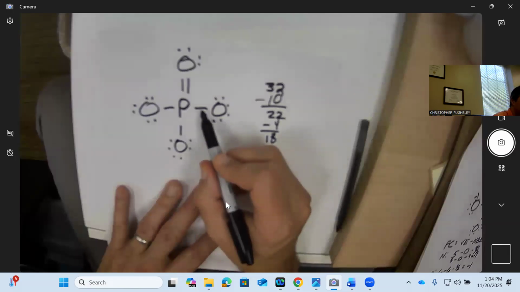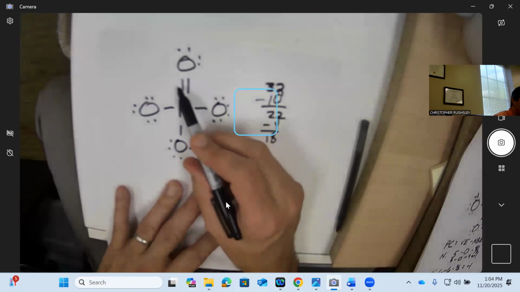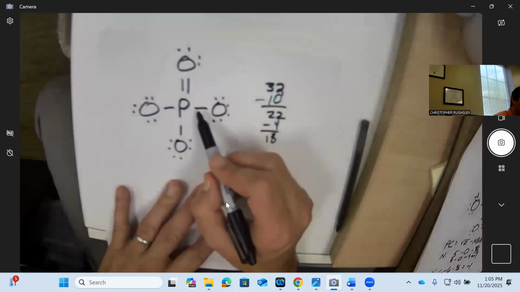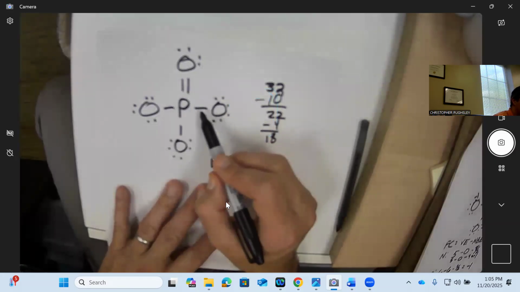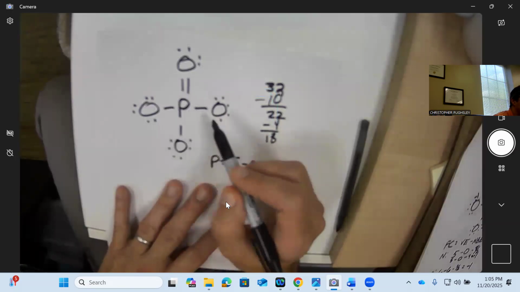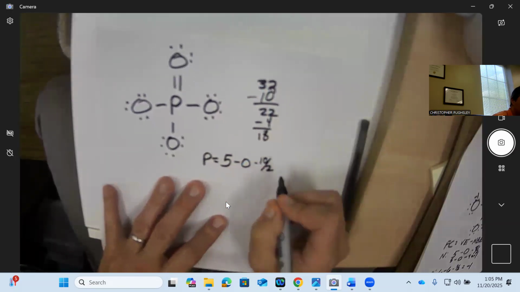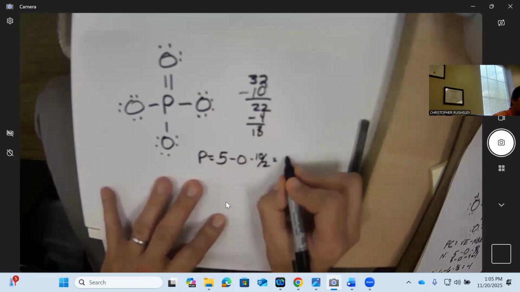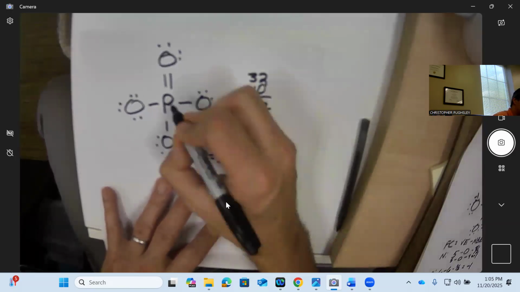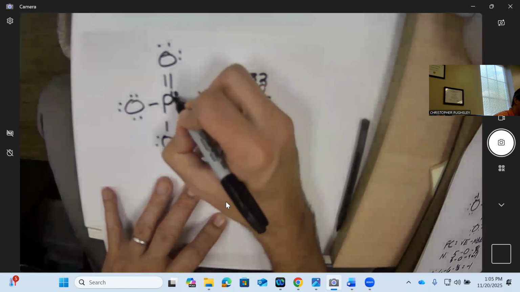It's got 2 here, 4, 6. There's 2 in every bond. So it's 10. So 5 minus 0 minus 10 divided by 2. That's the formula. So that will equal 0. So the phosphorus has a 0 charge.